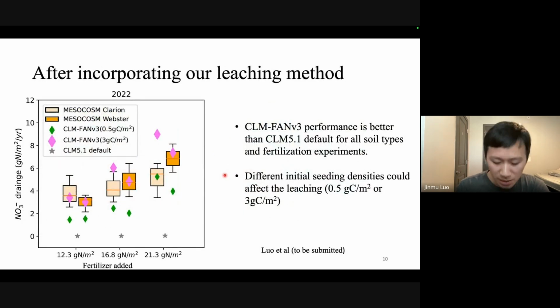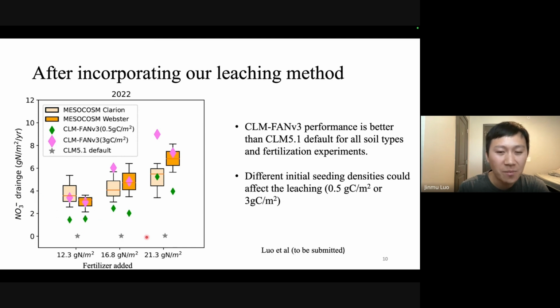Let me bring you back to the bar plot. After incorporating the method, what's the performance of our new model? Here again, the x-axis is the different fertilization experiments, and the y-axis is the nitrate total drainage over 2022.